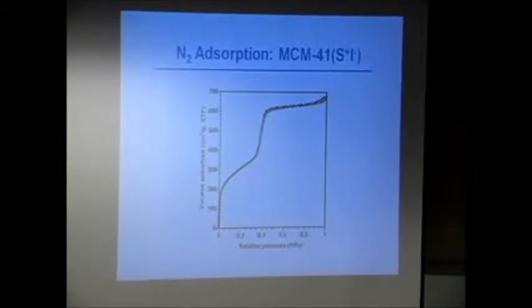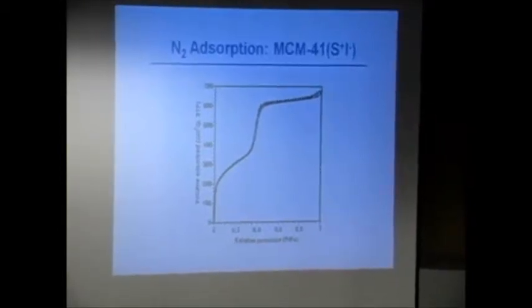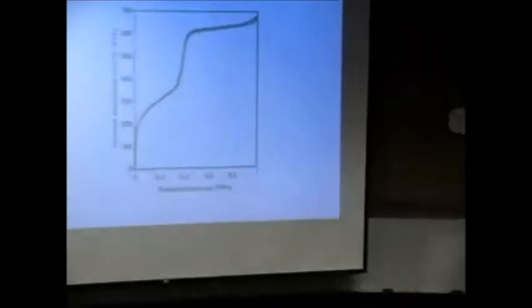And what happens initially is the nitrogen molecules start binding to the walls of the pores, and eventually form a monolayer and multilayers. And that's what's starting to happen as we increase the pressure. So up in this region, we're starting to decorate more and more layers of nitrogen on the walls of the pores. But then we get to a partial pressure where the film thickness on the walls becomes of the order of the size of the pores themselves.